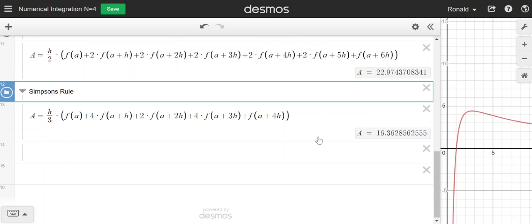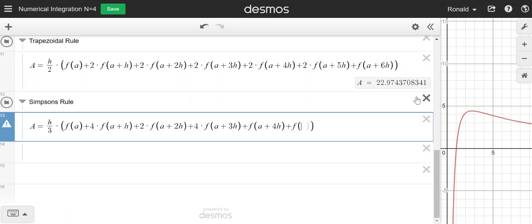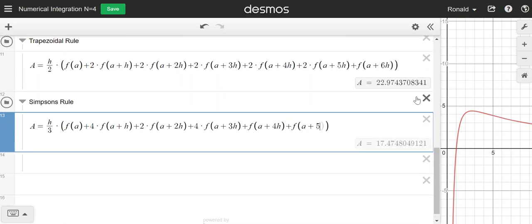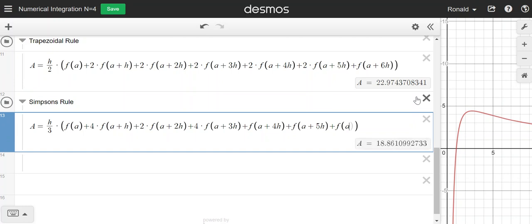Finally, to use Simpson's rule, we want to add an f of a plus 5h. So plus f of a plus 5h plus an f of a plus 6h.